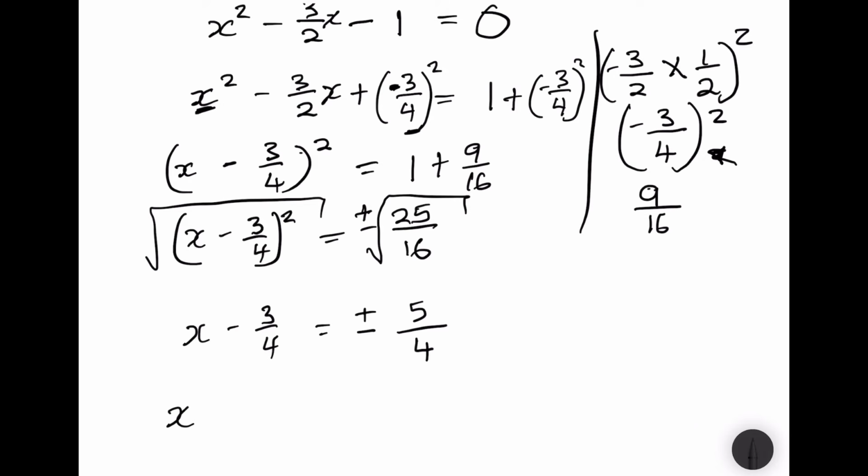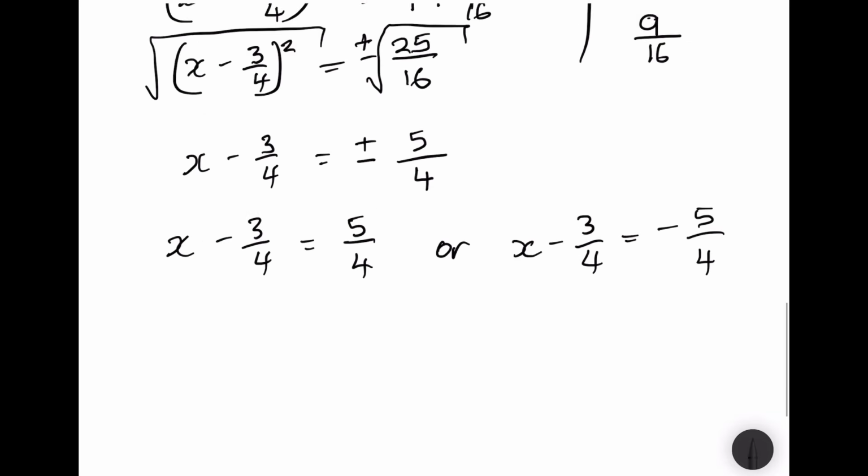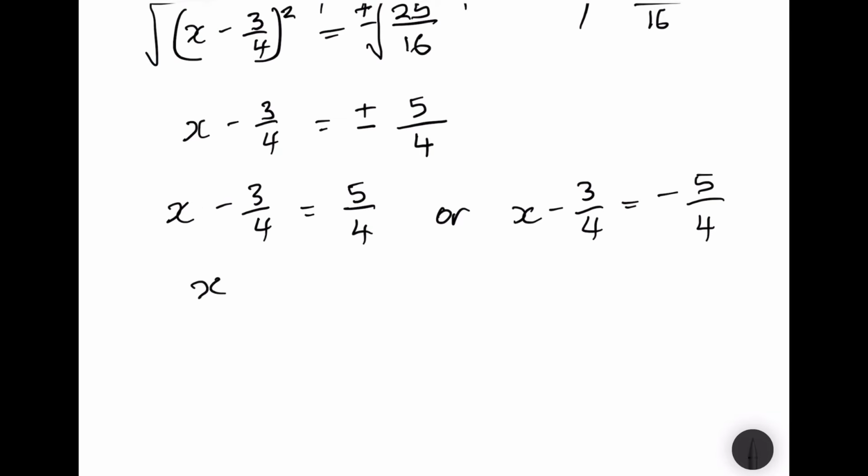So I've got two solutions. x minus 3 over 4 is equal to 5 over 4, or x minus 3 over 4 is equal to negative 5 over 4. So I've got x is equal to 5 over 4 plus 3 over 4, or x is equal to negative 5 over 4 plus 3 over 4.